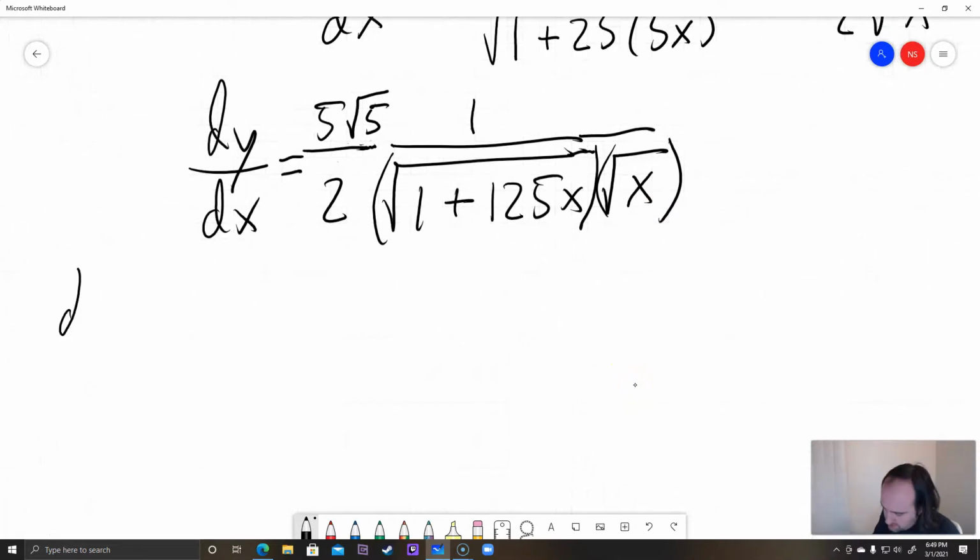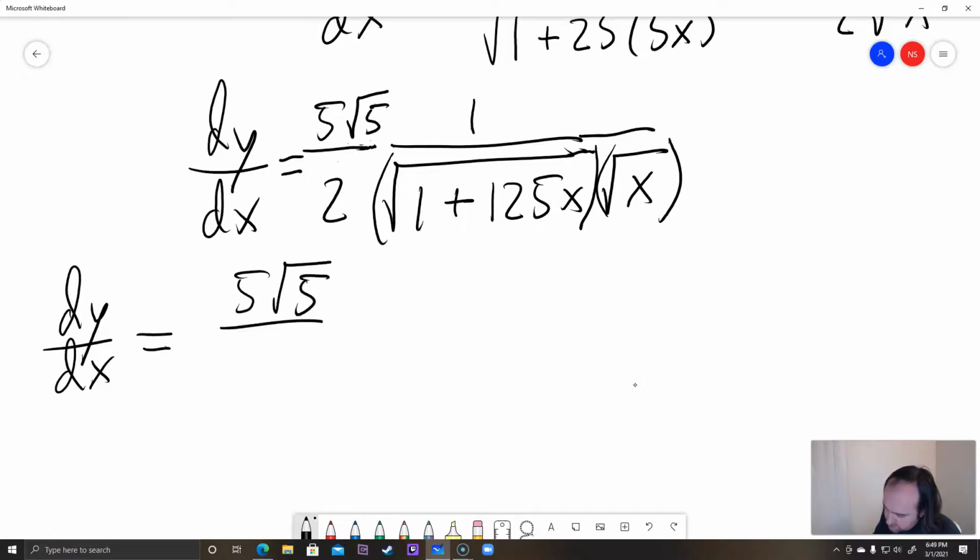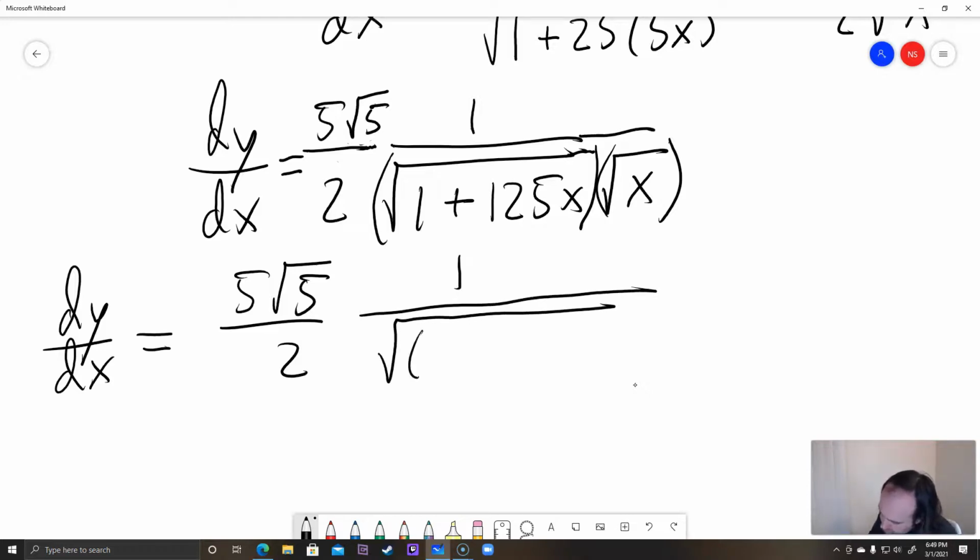Okay, so what we've got here is dy dx equals 5 root 5 over 2, and then we have 1 over the square root of parentheses 1 plus 125x times x. So what did I do there? Well, I actually brought this root x inside of the square root.